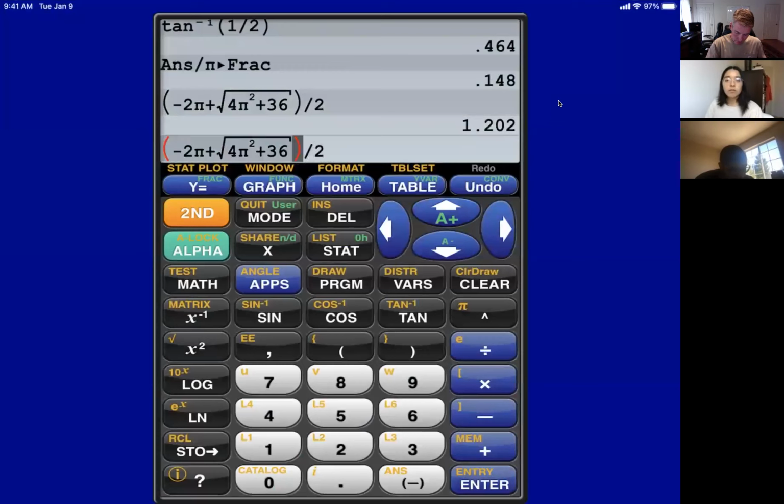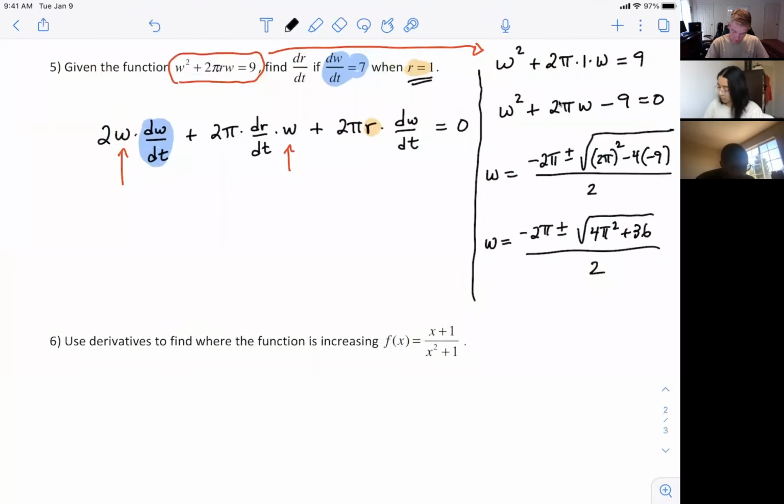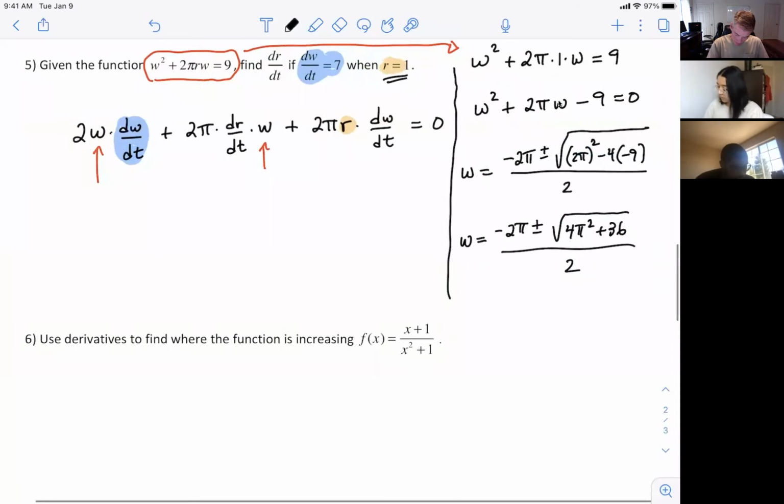And then do the same thing with this being the minus the square root. Negative 7.486. So W equals either a 1.202 or W equals a negative 7.486.